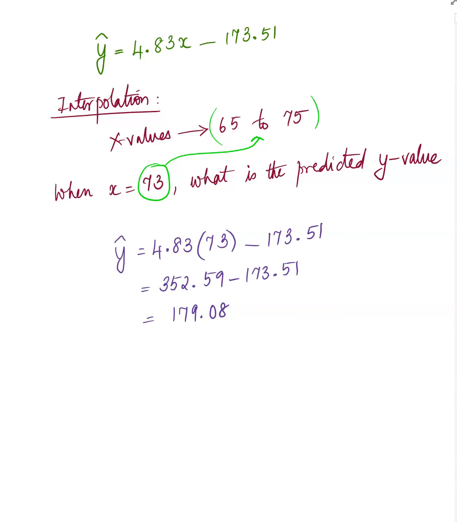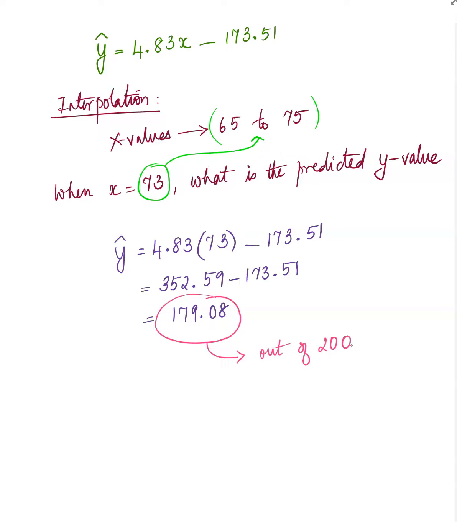Okay, and look at the answer. Is this reasonable? Yes, it's reasonable, first of all, because our x choice was from within the x values, and our y response, this is out of 200, right? So it is both reasonable and reliable.